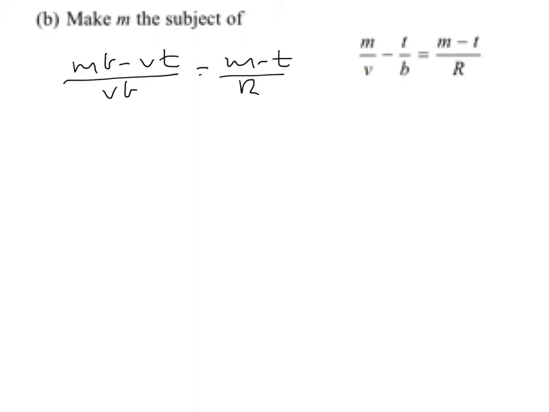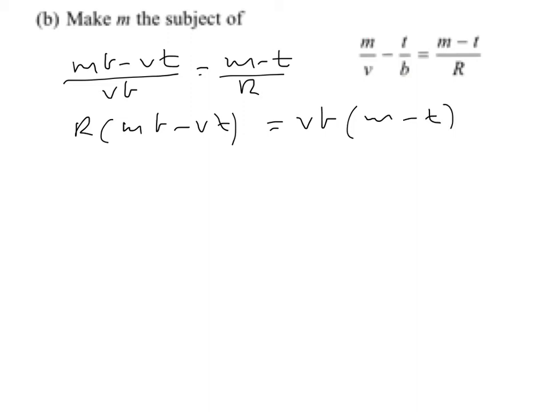So that was mb, vt, vb, that's standard cross multiplying. Now if you move your r across to the left and your vb across to the right, that gives you your second line, mb minus vt equals vb times m minus t.